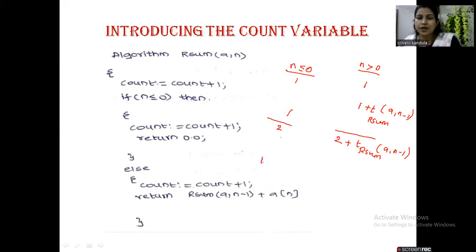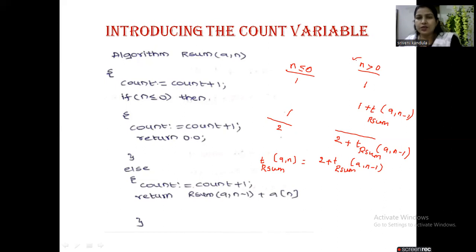We can write it as T rsum(a, n) = 2 + T rsum(a, n-1). If you solve this recurrence relation for the value of T rsum(a, n-1), we get the actual programming steps needed in case of n greater than 0. That we will be solving shortly, after completing the tabulation method as well.